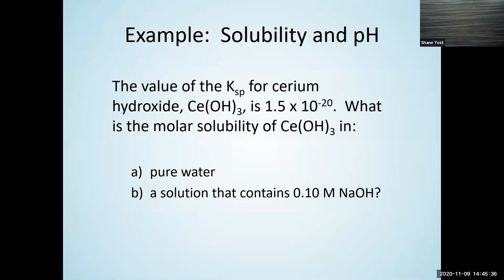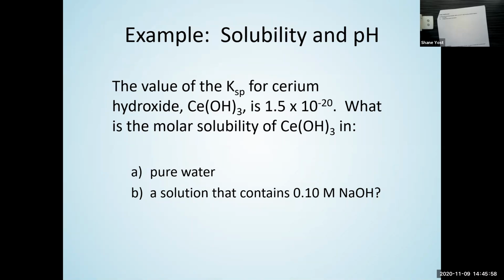Chapter 17 examples. Last time we finished up talking about how the solubility of a salt can be affected by other things in that solution. For a number of salts, it can be the pH.